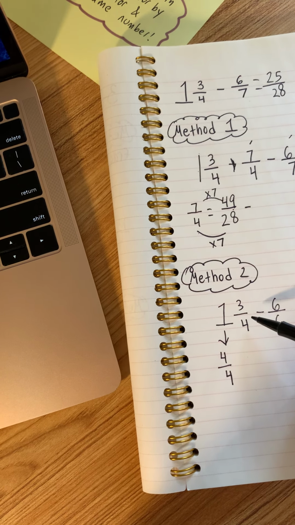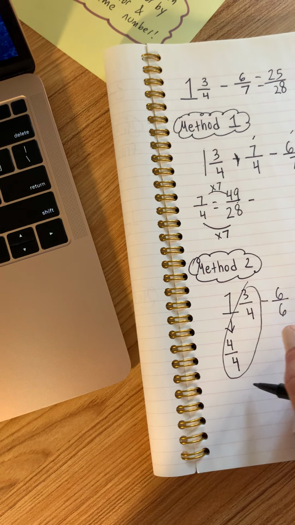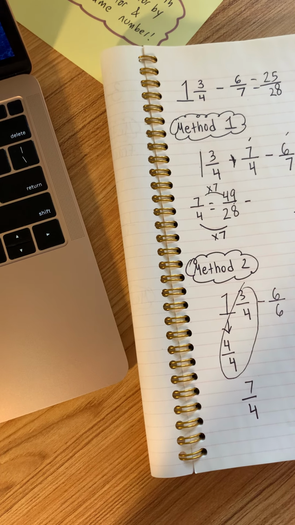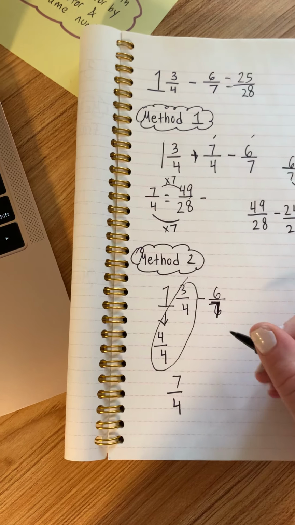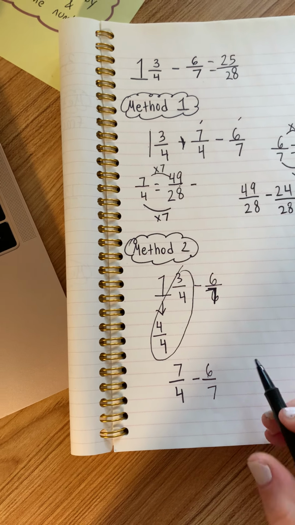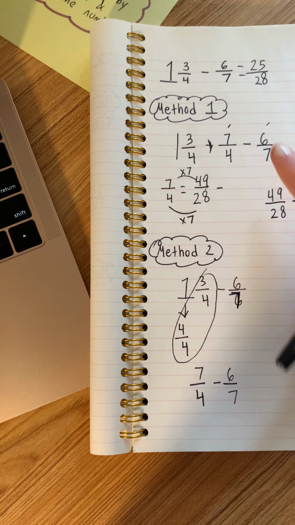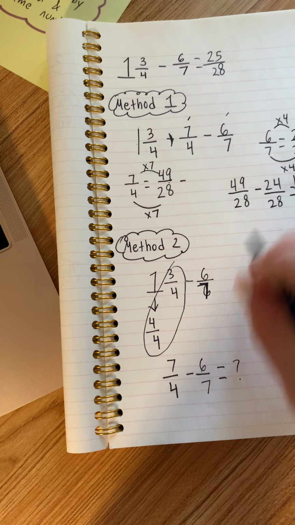And if I combine the 4/4 with the 3/4, I get 7/4. Oh, sorry, I wrote this as 6/7. So if I'm doing 7/4 minus 6/7, that actually turns into the same equation that I have up here. So I would do the exact same work.